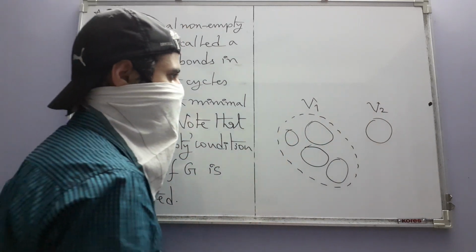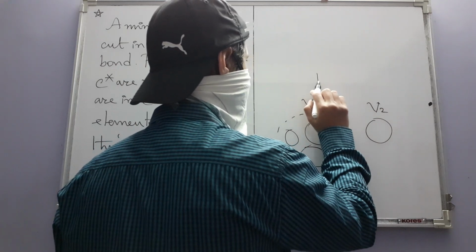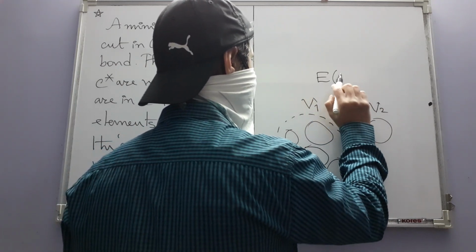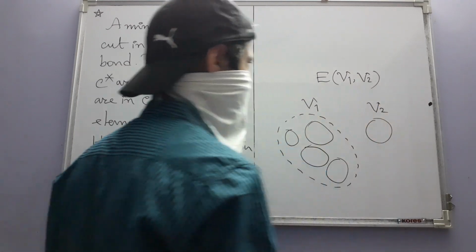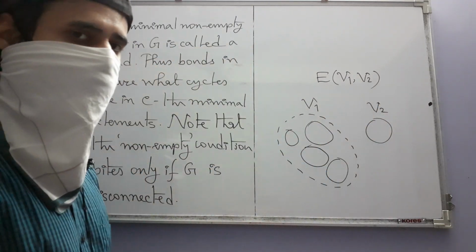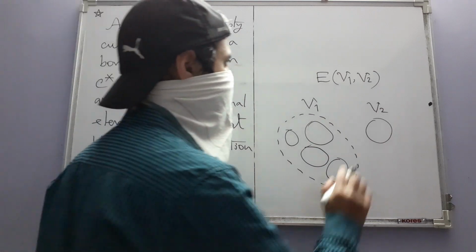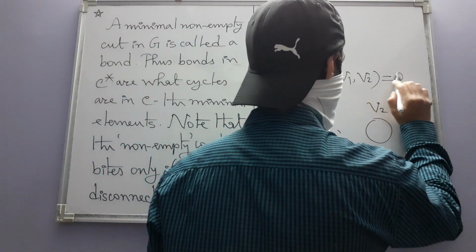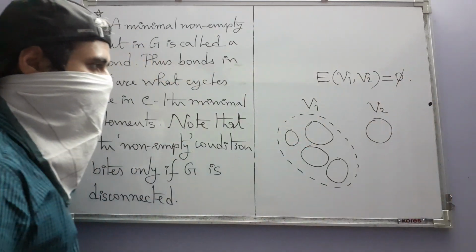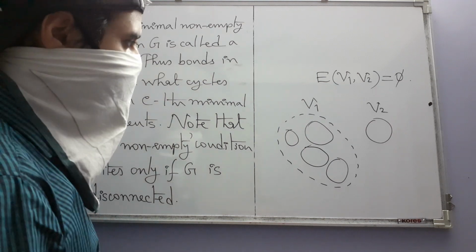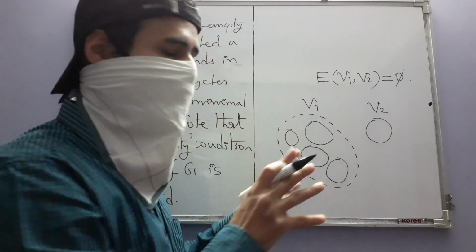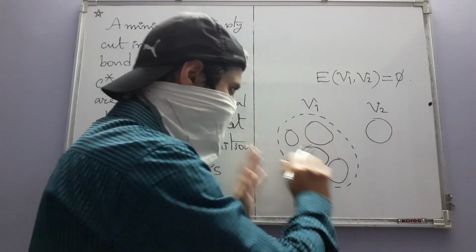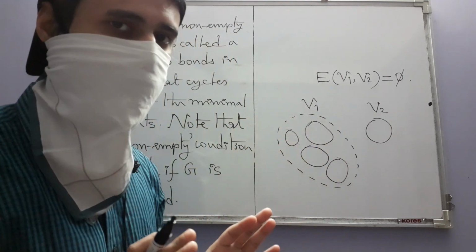Then you consider the set of all edges running between V1 and V2. What will this set be? It will be the empty set, simply because the definition of component means between components there is no link.